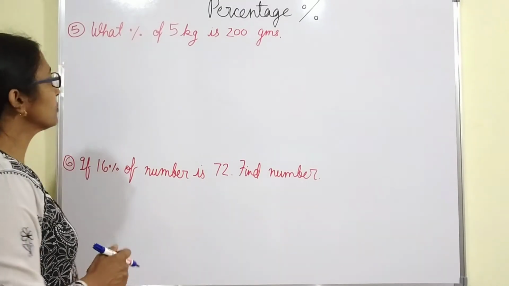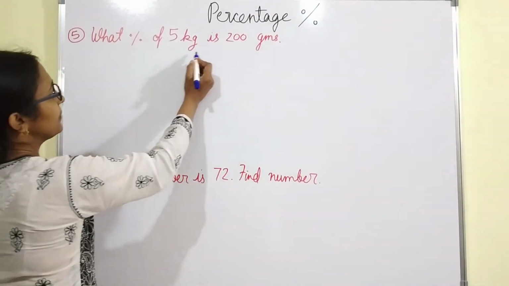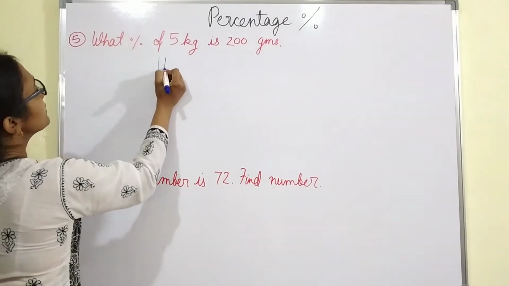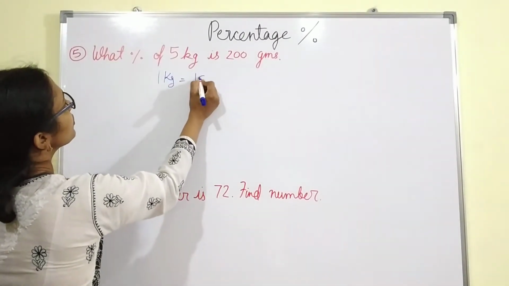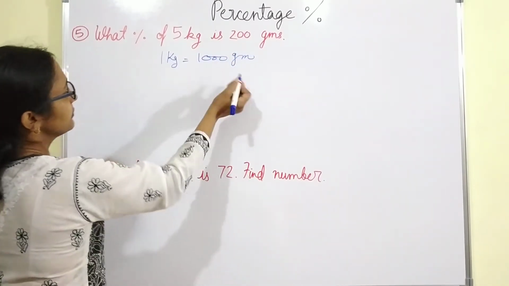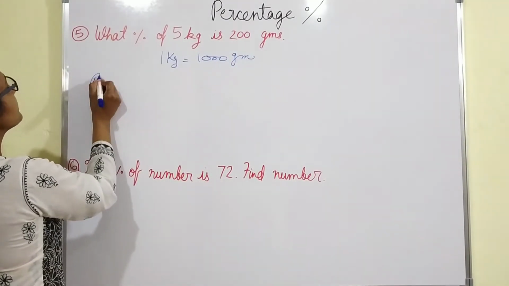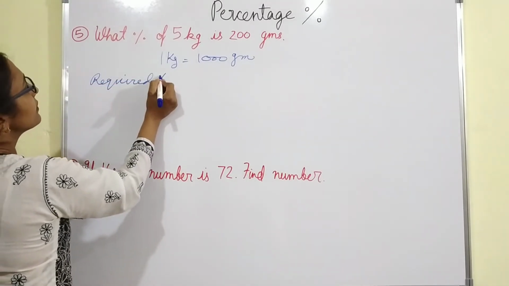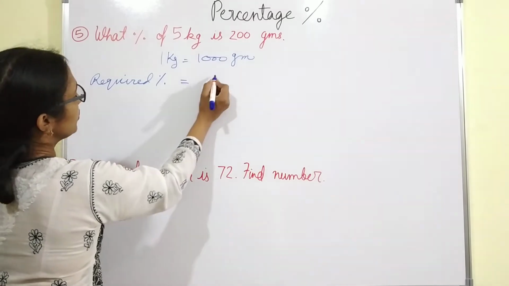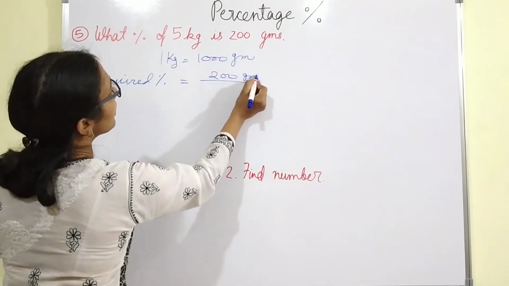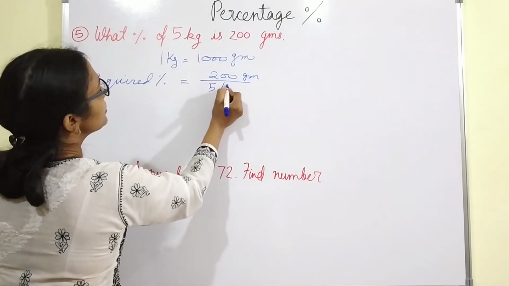Now, the next question is what percent of 5 kg is 200 gram? So 1 kg equals 1000 gram. Okay. So the required percent equals 200 gram upon 5 kg.